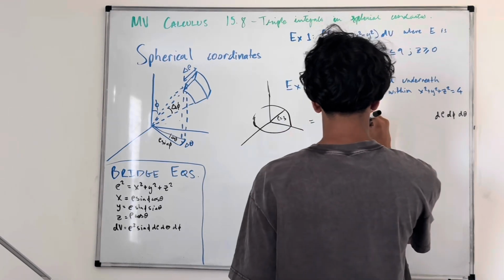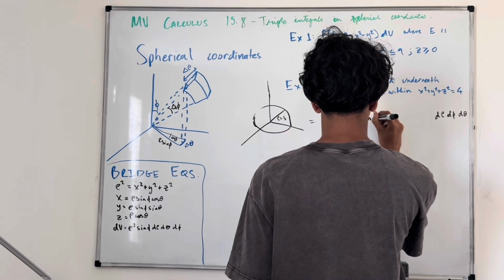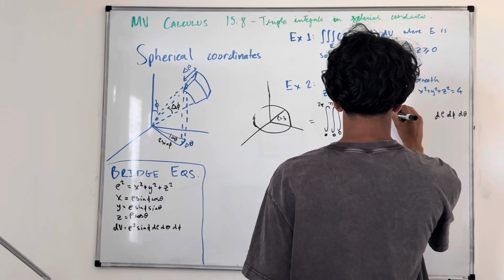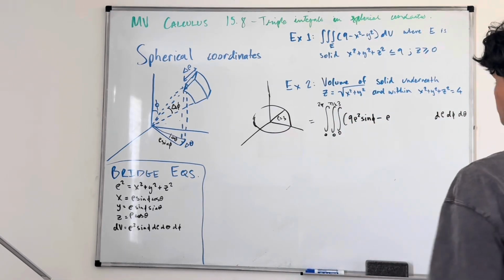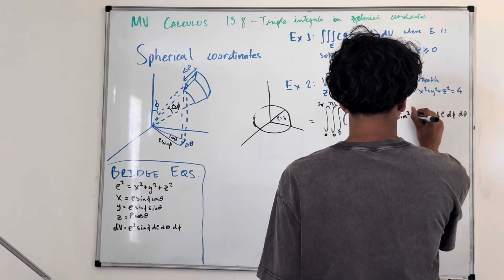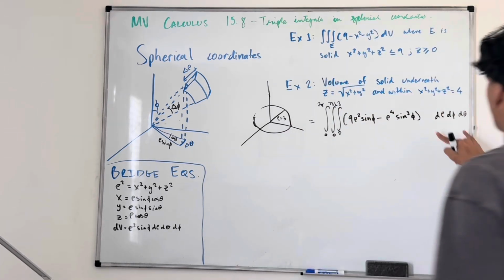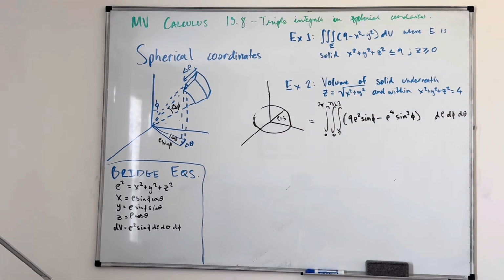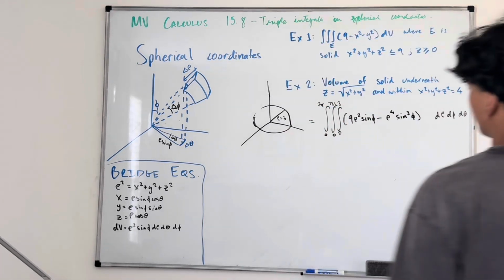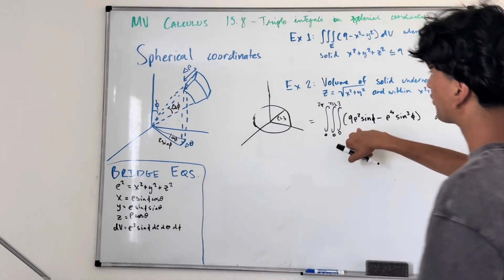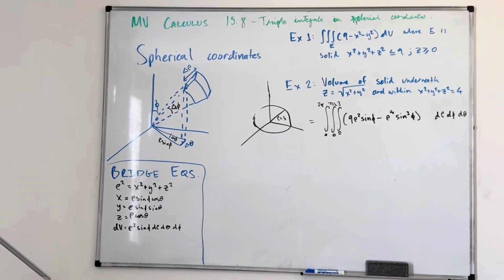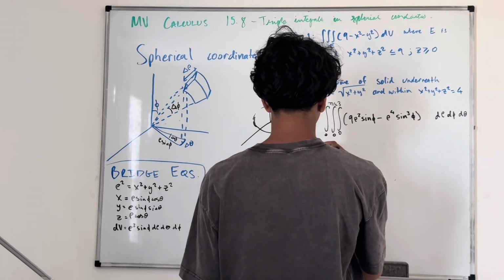We get 9 rho squared sine phi minus rho squared times rho squared sine squared phi times sine phi, so it would be rho to the 4th sine cubed phi. And then we have the d rho, d phi, d theta. Let's do the rho first. When we take the antiderivative, it would be 1/3 rho cubed, and then 1/5 rho to the 5th.